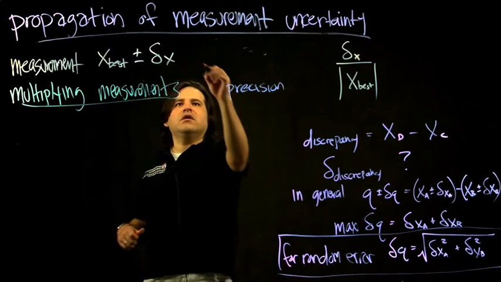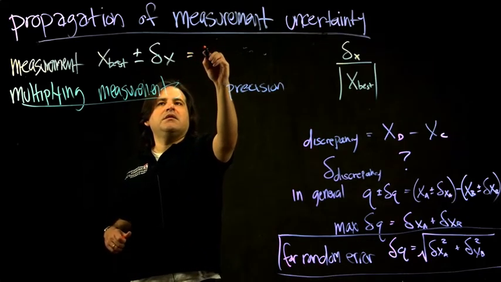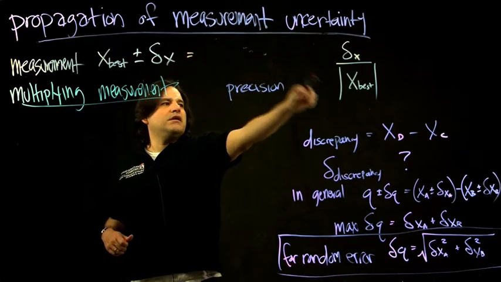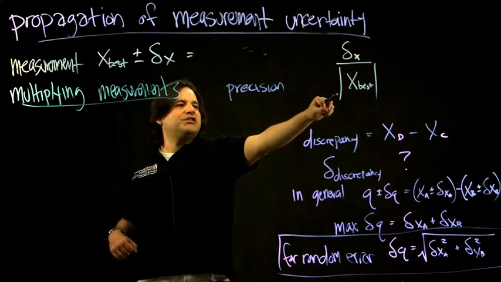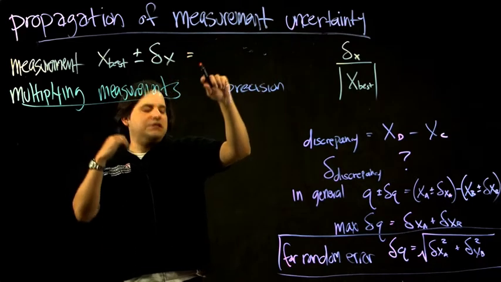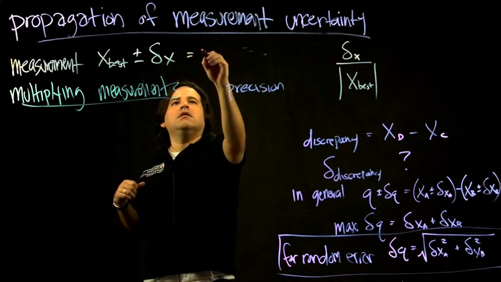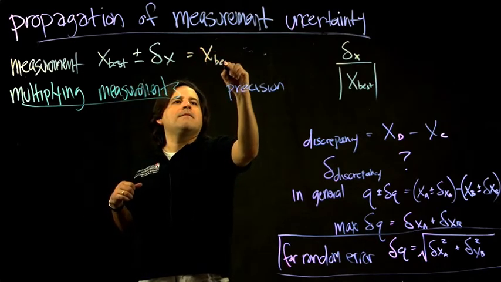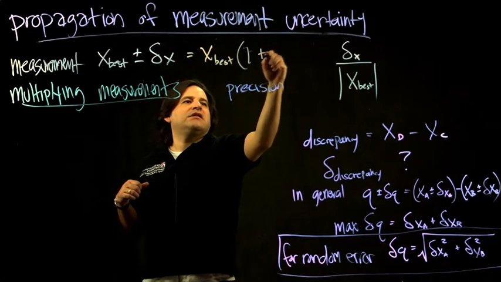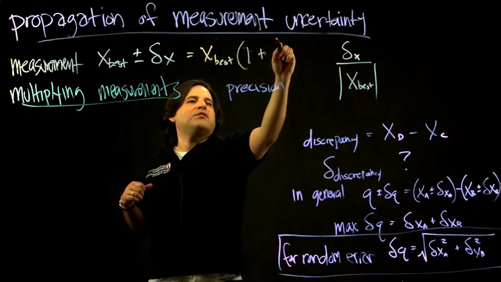So another way to write this would be, if this is the definition of precision, we can say that x best is this plus the fractional precision.